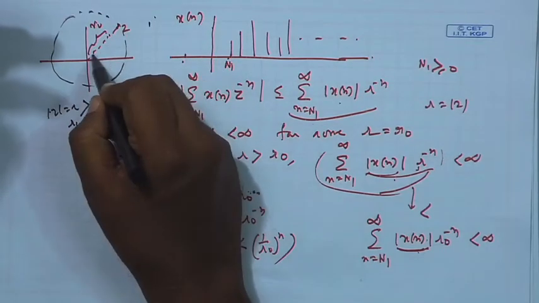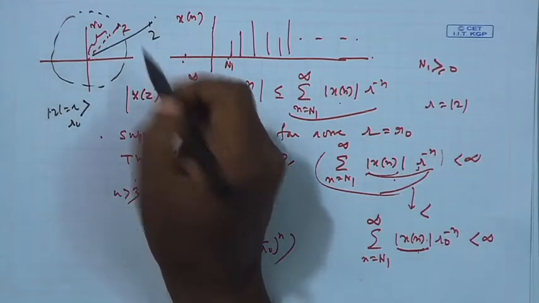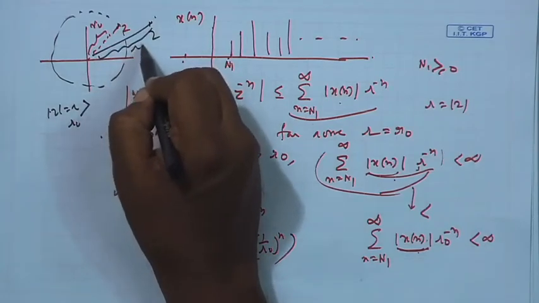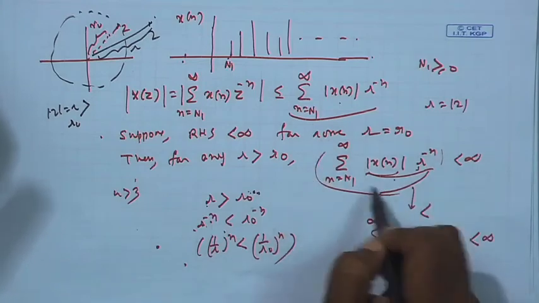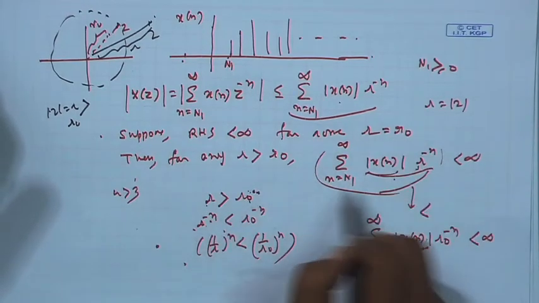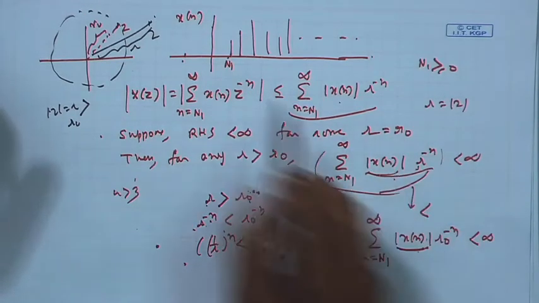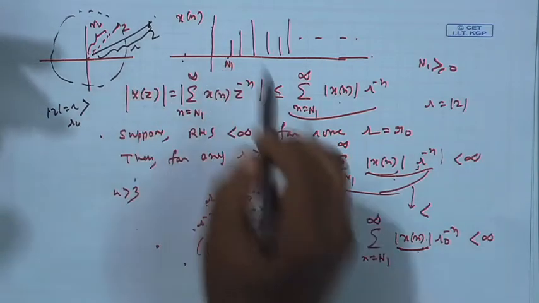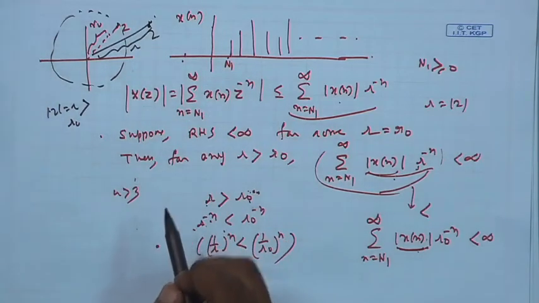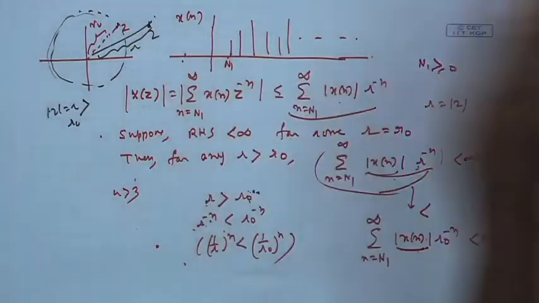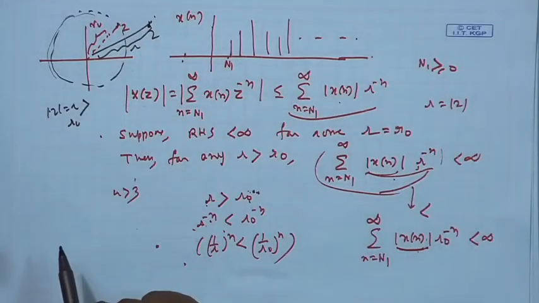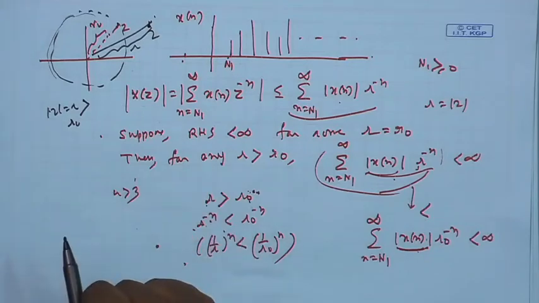So, for that r, this summation is finite. Therefore, if z is here, then the z transform will exist, which means the entire z plane outside this circle up to infinity will be a region of convergence.